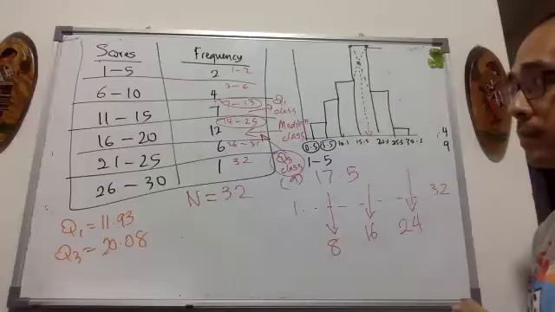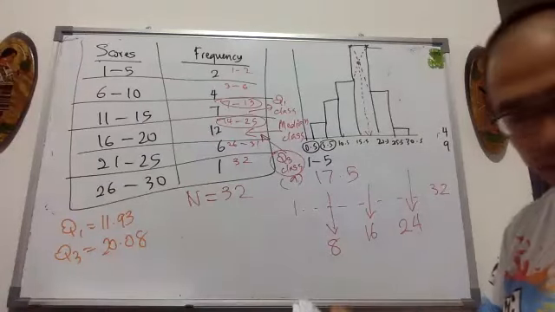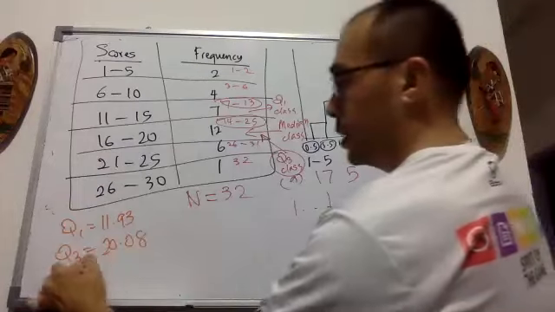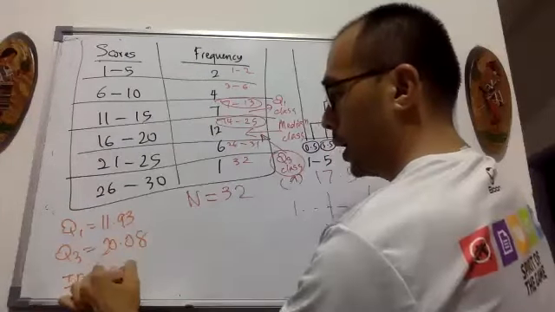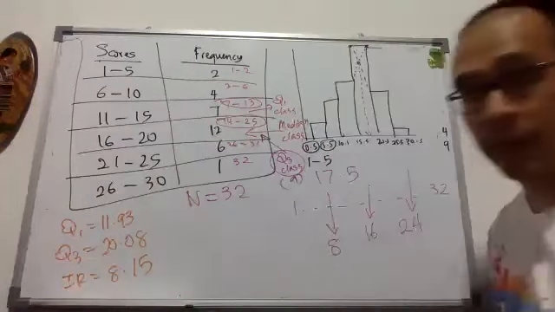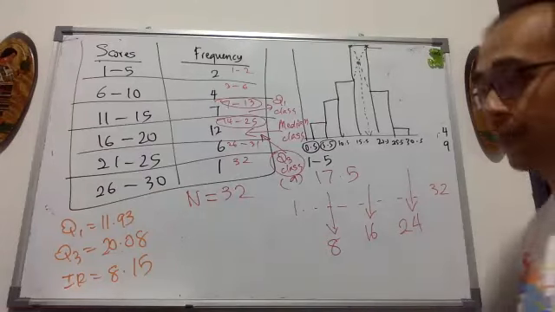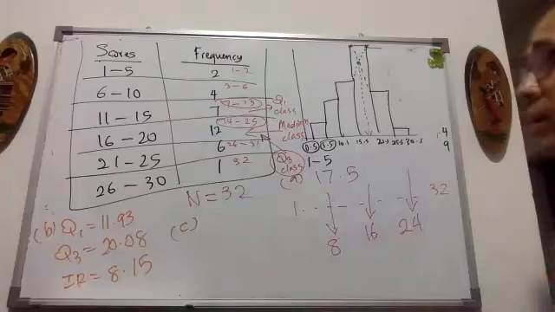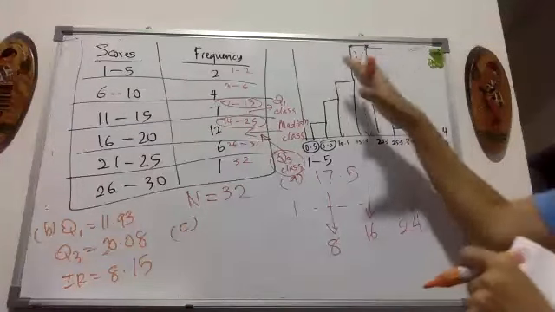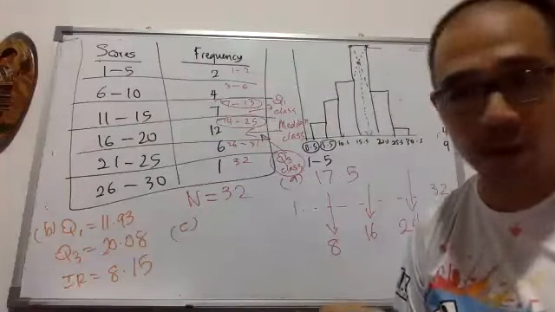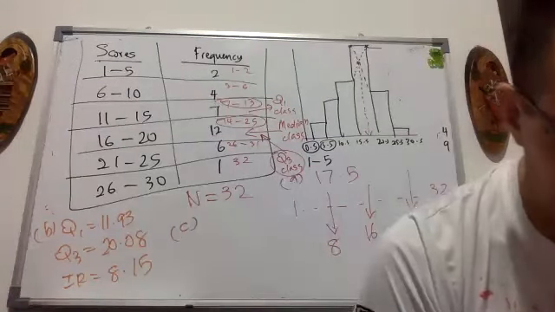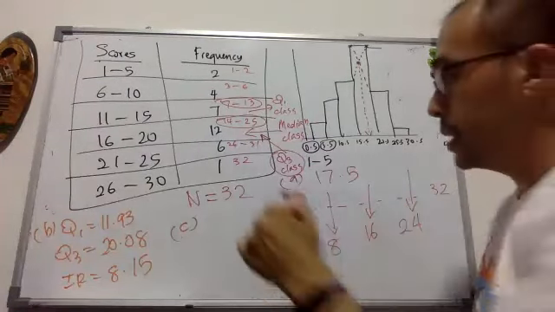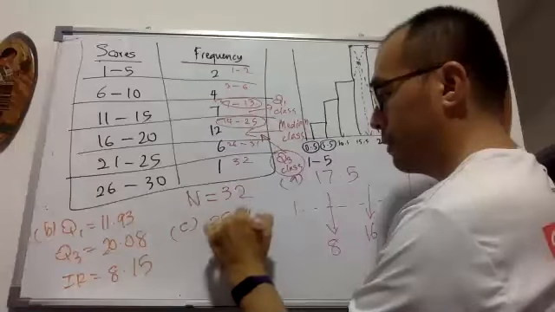The interquartile range is about 8.15. That's the answer for B. And the answer for C, variance: you have to do that super long table that we talked about in the previous question, which we're not going to do now. The variance is 35.72.